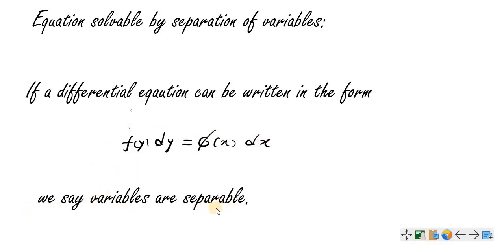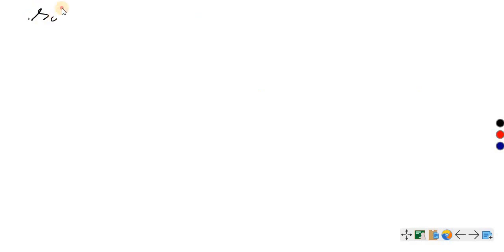So what are the variables here? The variables are y and x, and these two variables are separable here. The type of differential equation where we can separate the variables in this form can be solved by this method, that is separation of the variables. So let us see an example of this. Suppose we have a question here.